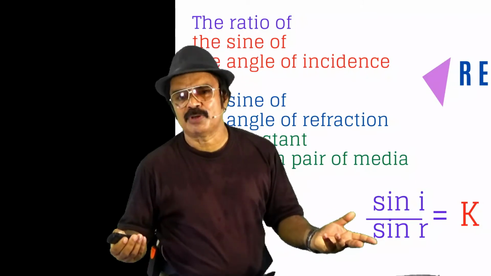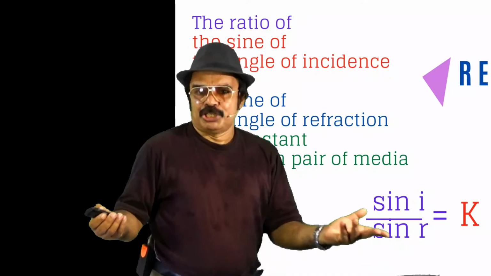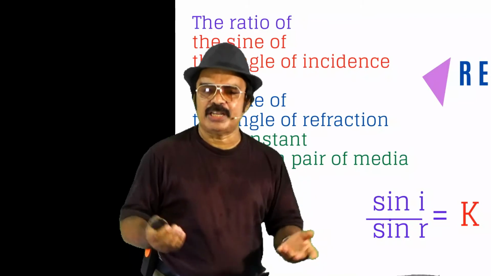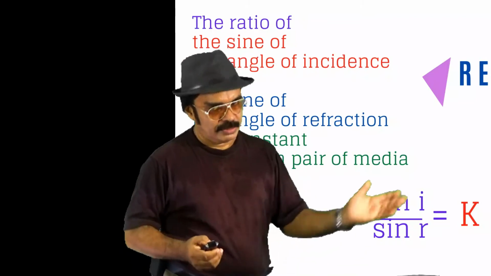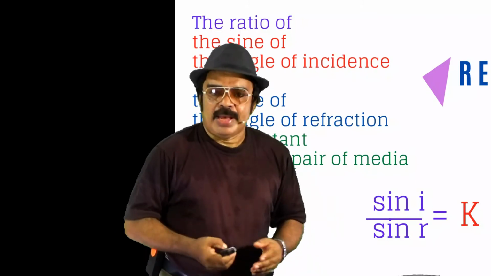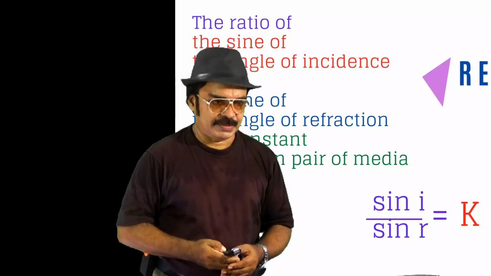There are different types of glasses, say perspex and so on. There are little differences, but generally it is 1.5. For glass, if you take sine I divided by sine R, you have the value 1.5. So that is what we call refractive index.